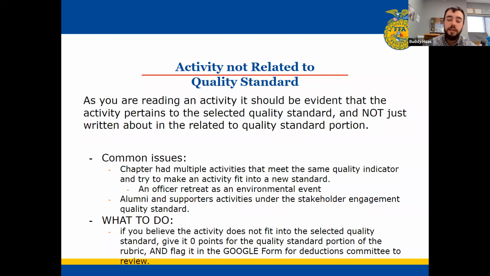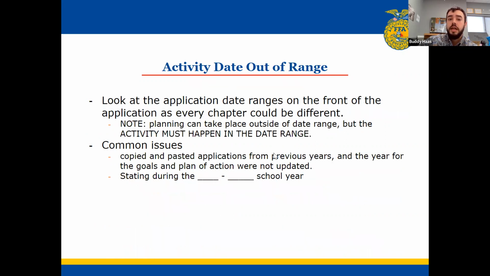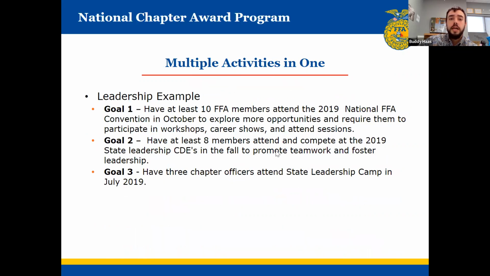So if you believe that the activity does not meet that quality standard as you're reading it, what's been recommended is that you flag it for your deduction, and then you also give a 0 point value in the related to the quality portion of the rubric there. So those three are the three main deductions that you'll see at the state of Illinois, or even on the national level.